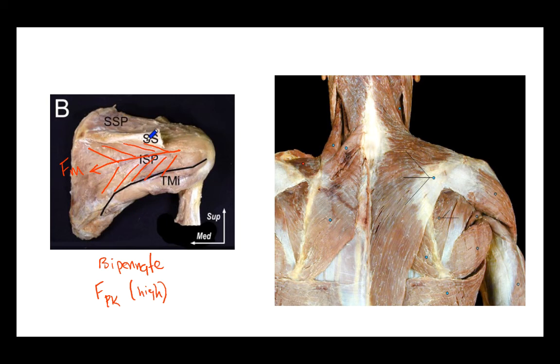Now, if we look at the muscle fiber lengths, the muscle fiber lengths here are really small in comparison to the whole length of the muscle. So here's the whole muscle length. And so the length of the muscle fiber with respect to the length of the muscle is low, right?